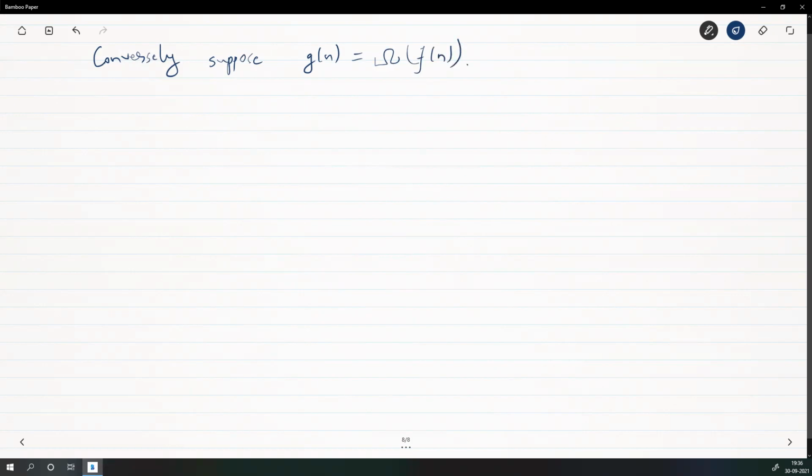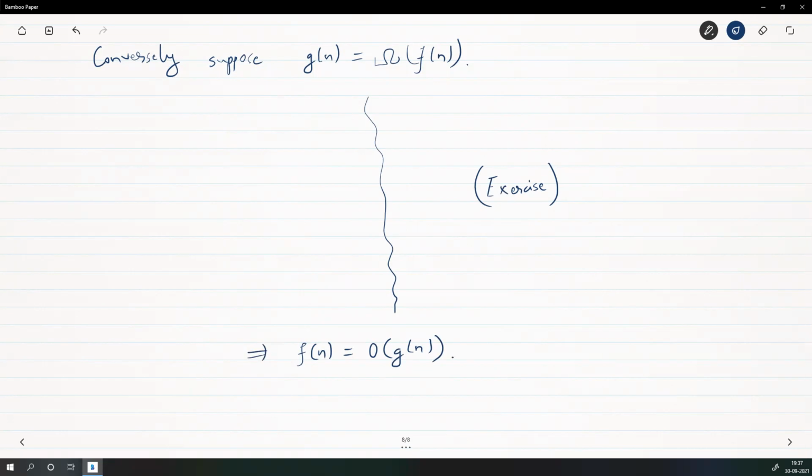Now I want all of you to again follow this definition and go all the way down, and prove this and finally conclude that f of n is in fact big O g of n. Okay, this argument is very similar to what we just did in the previous slide. So this is again an exercise. Okay, try doing this. Try writing it down. All right.